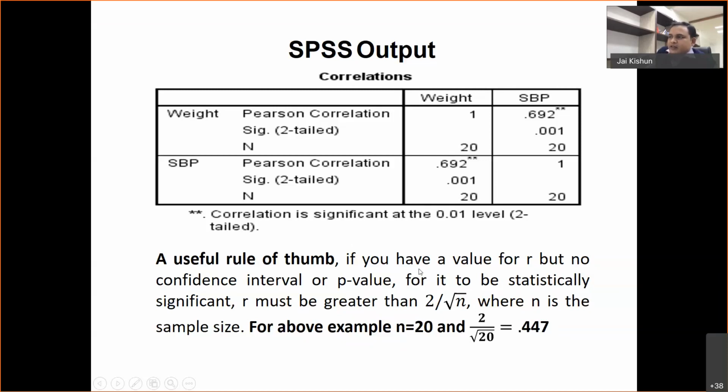In any case, when the value of R is given and you want to see whether it is statistically significant or not, just calculate 2 by root n, and if this 2 by root n is less than R, then you can say that this R is statistically significant.